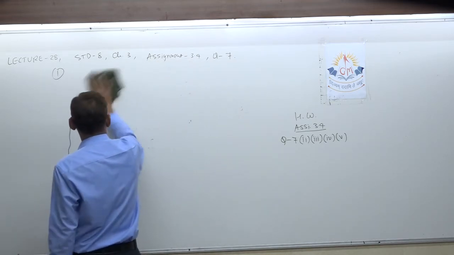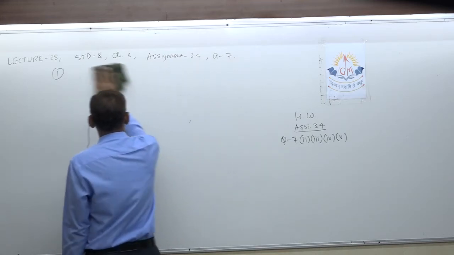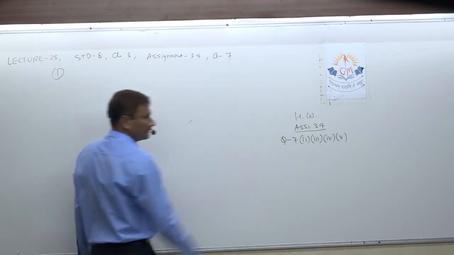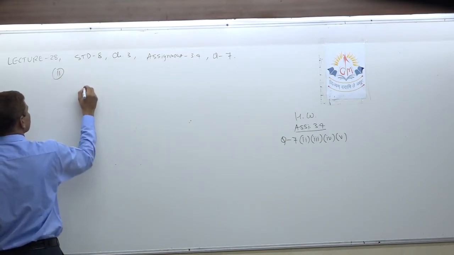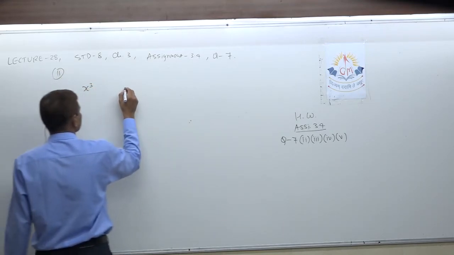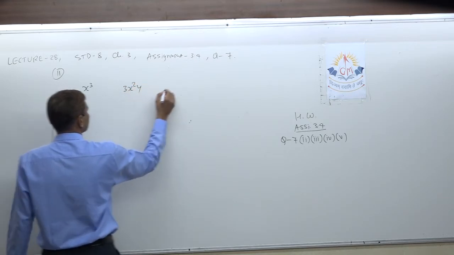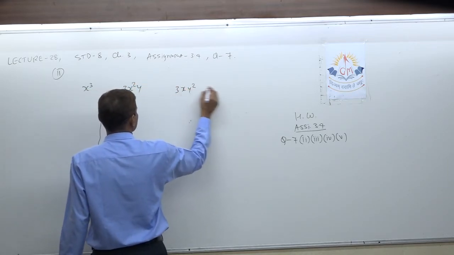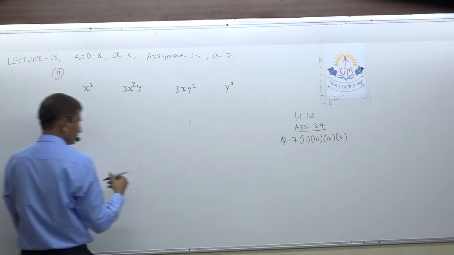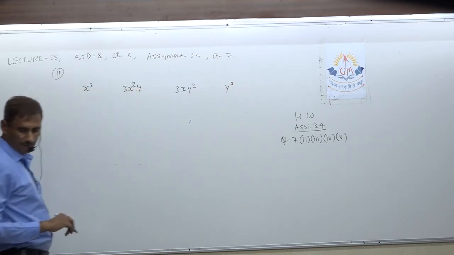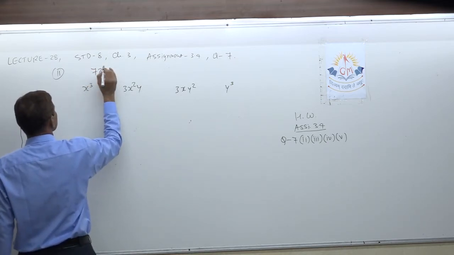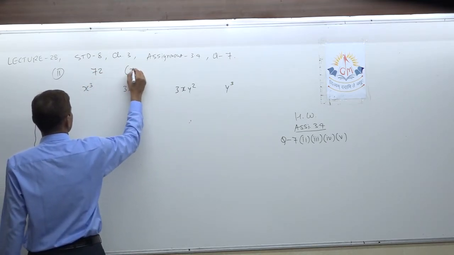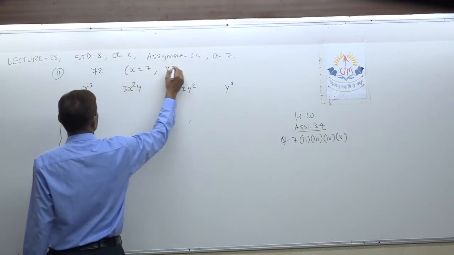The column headings should be the same only. The headings should be x cube, 3x square y, 3xy square, y cube. Okay, now the given number is 72. So x equal to 7, y equal to 2.